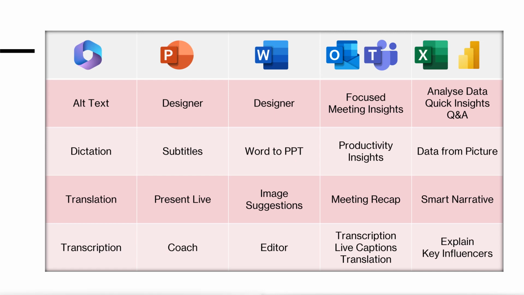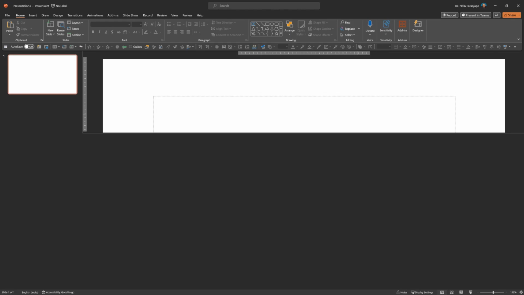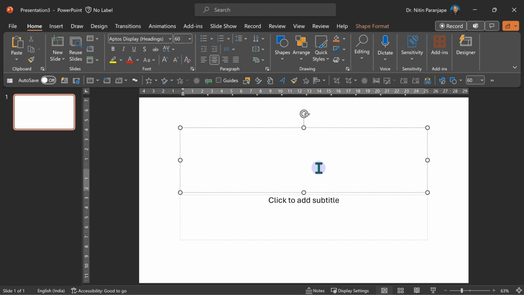So, what is the idea? Let's start with a blank presentation. And this is very important. If you create a blank new presentation and then put something in the first slide, that gets maximum AI attention. What do I mean by that?